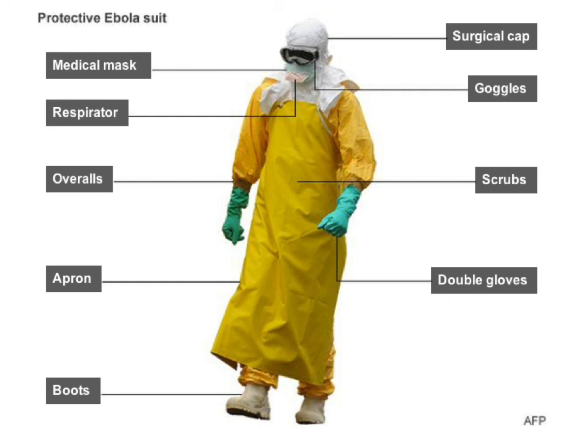So the kind of personal protective gear that a person would wear is very substantial. However, you can see that they're not wearing a respirator per se because we don't normally think of Ebola being transmitted through aerosols.